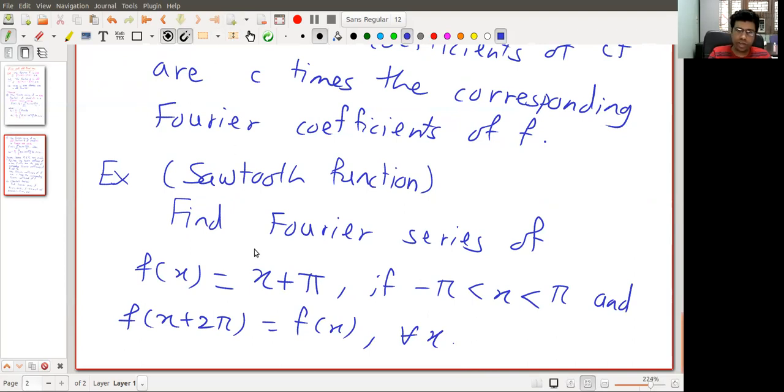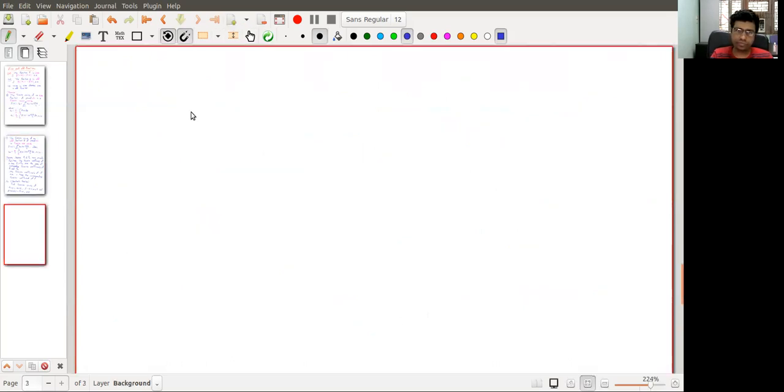So the function is x plus pi between minus pi and pi, and it repeats. It is a periodic function. So this is the horizontal axis, we have 0, minus pi, pi.